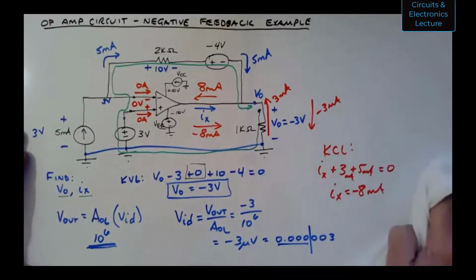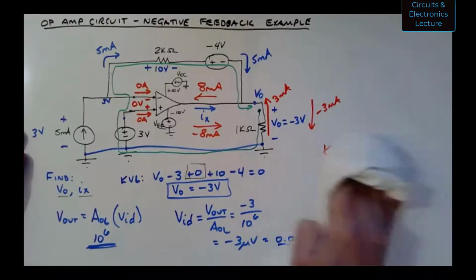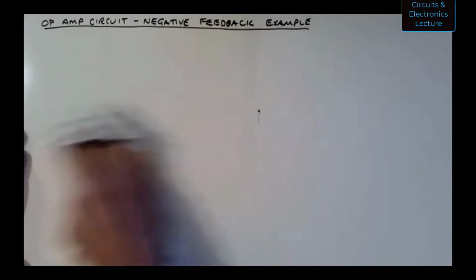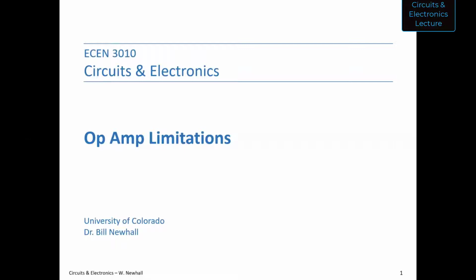Okay, let's get going on to comparators then. In order to talk about comparators and how they work, we're going to talk about the limitations of op-amps, their limits, what they can't do, or a point beyond which they can't do something.